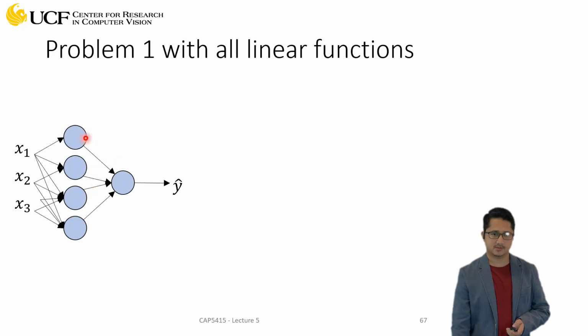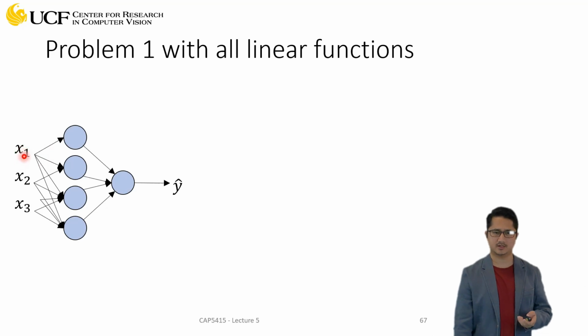So in this case, we have just one layer, right? We have an input of three dimensions, x1, x2, x3, and your layer has 4 neurons, and these arrows are your weights. All right, so to get the value of this neuron, you will compute a weighted average, or you can say a linear combination, of all these inputs by the weights.